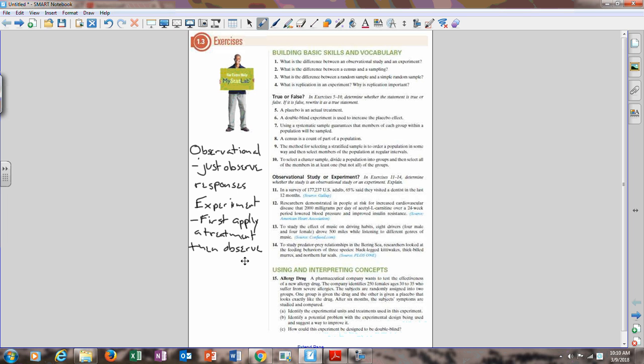Number 3, what is the difference between a random sample and a simple random sample? In a random sample, every person has the chance to be selected.